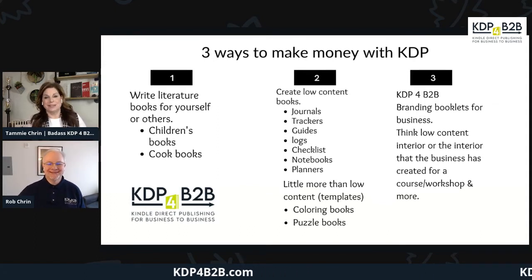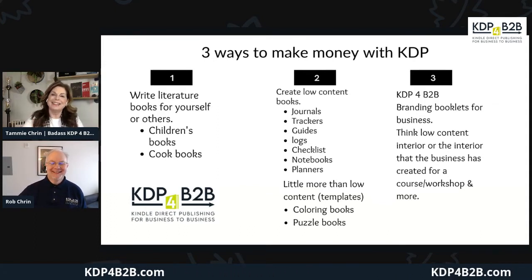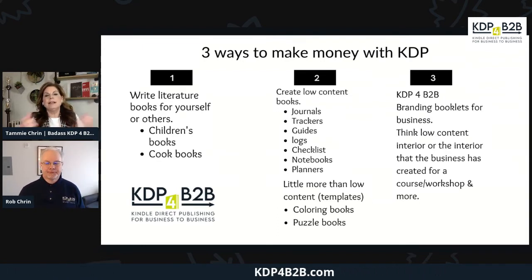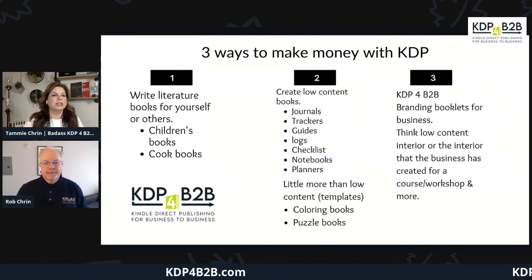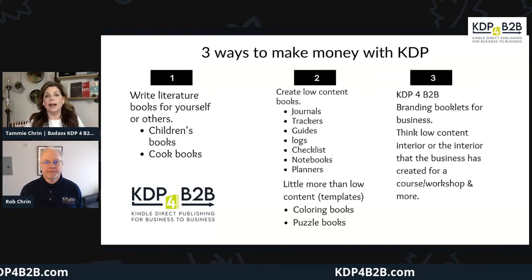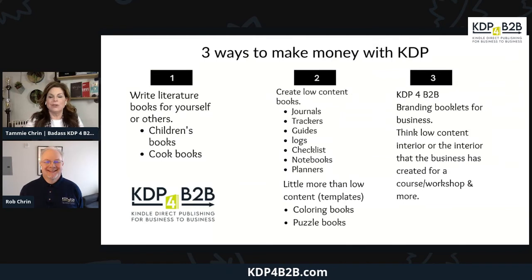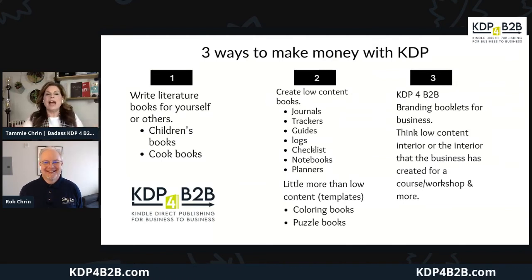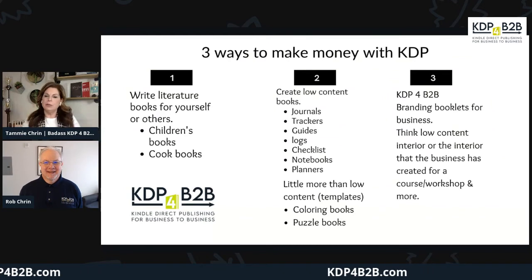I sold one to my sister, but it didn't sell because I didn't have anything unique. It wasn't a unique niche. It was just a daily journal, like Rob said. It had a beautiful cover, I thought, but what did the audience look for? So that's where KDP for B2B was started.